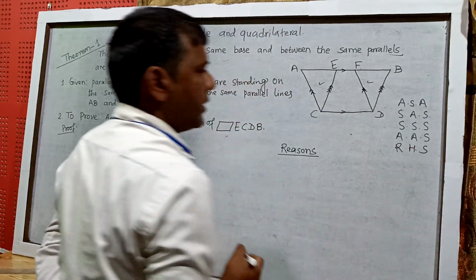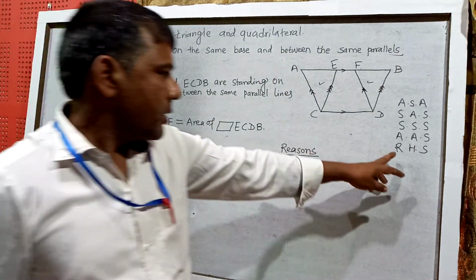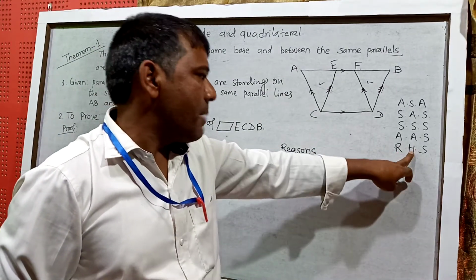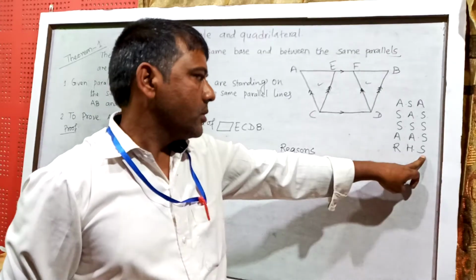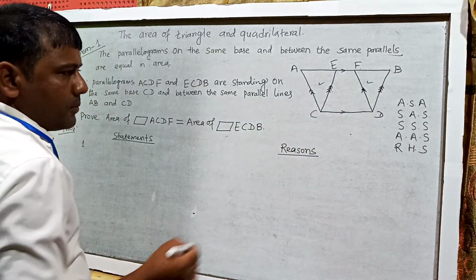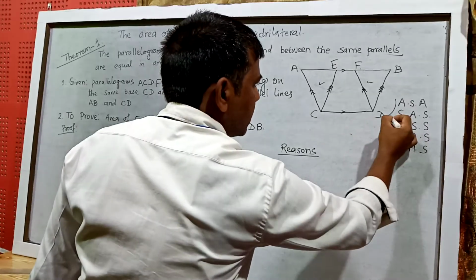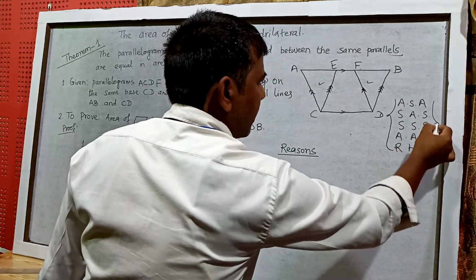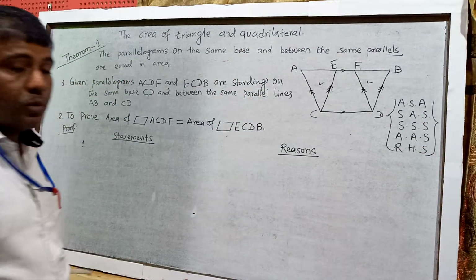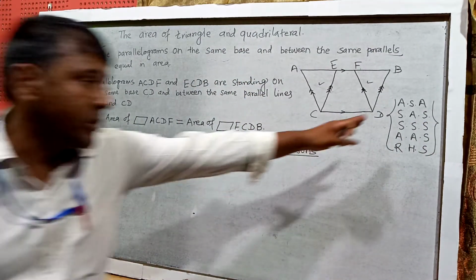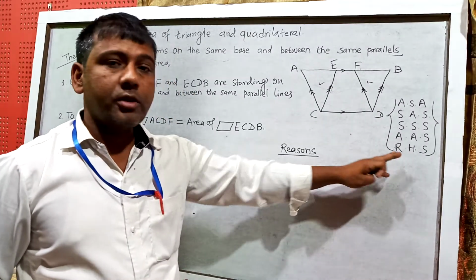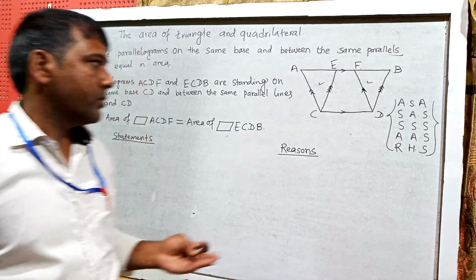RHS means right angle, hypotenuse and side. If we show any one of these, then the triangles become congruent.